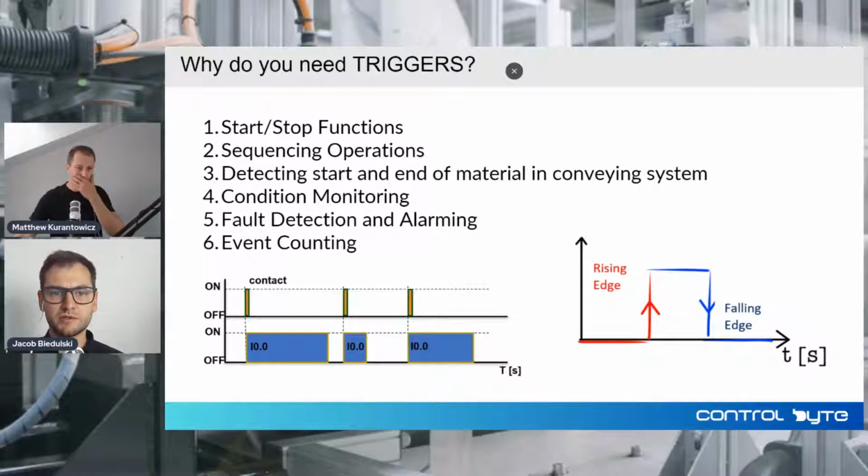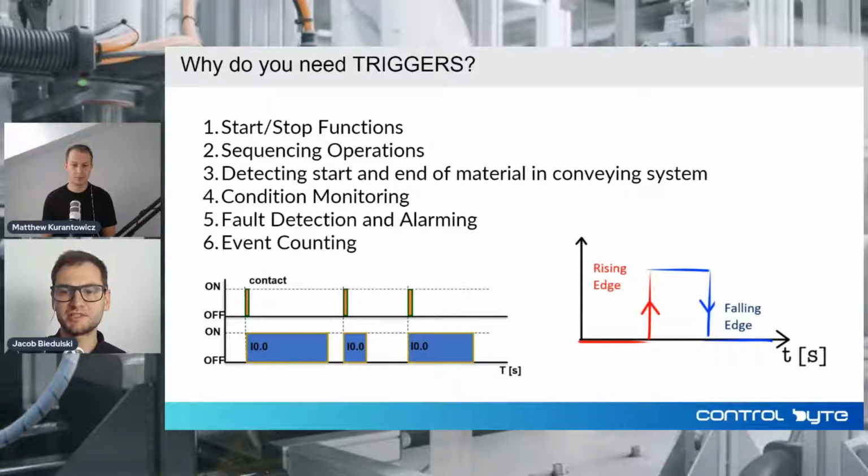If you program sequential systems for machines, for processes, trigger instructions can be used to initiate the next step or the next process in the sequence. So the transitions in the sequence are usually made by triggers.